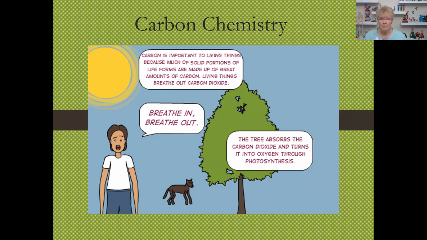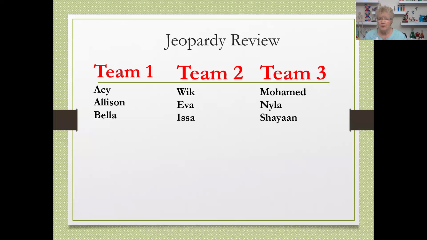All right, now we're missing a couple students, so I'm going to rearrange things here. And if they join us, then we'll add them into one of the teams. So let me see here. We have Isa. We have AC, Allison, and Bella is not here.